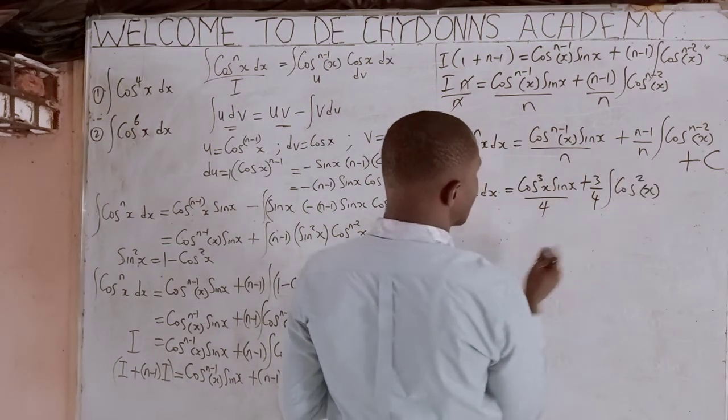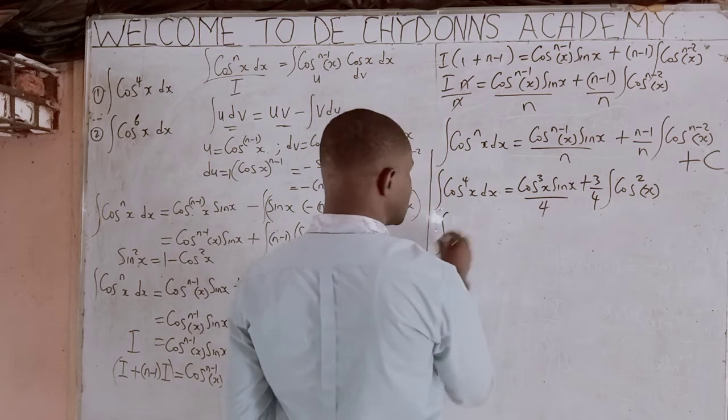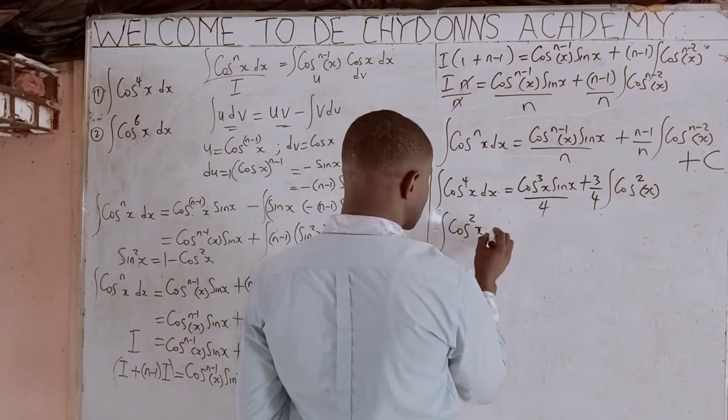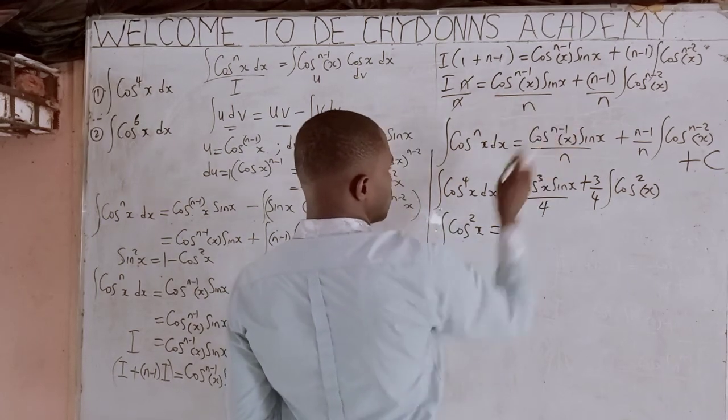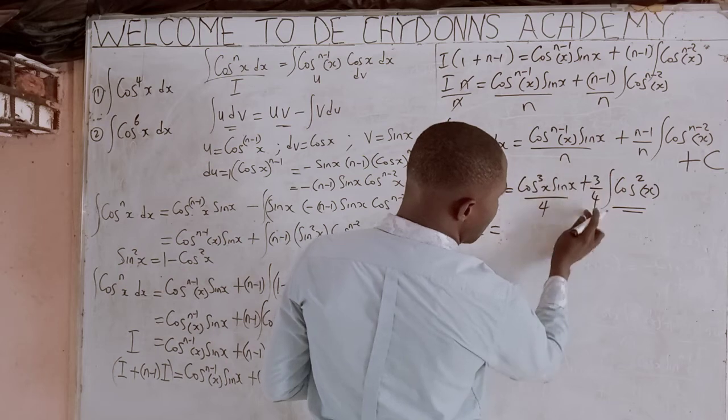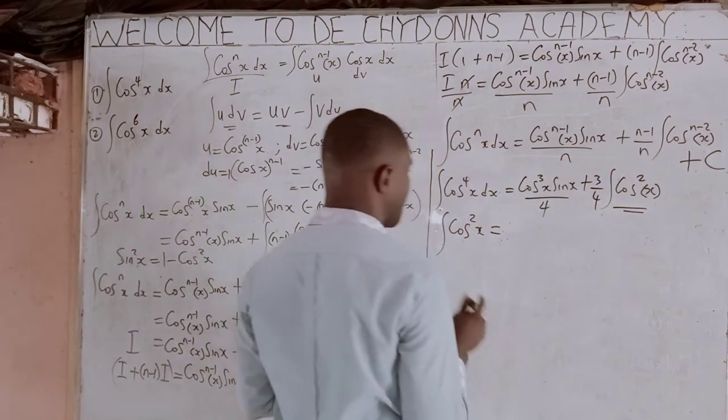How do we integrate it? We sort out the integration of cos squared x. When we get this, we multiply by 3 over 4, then write our final answer.